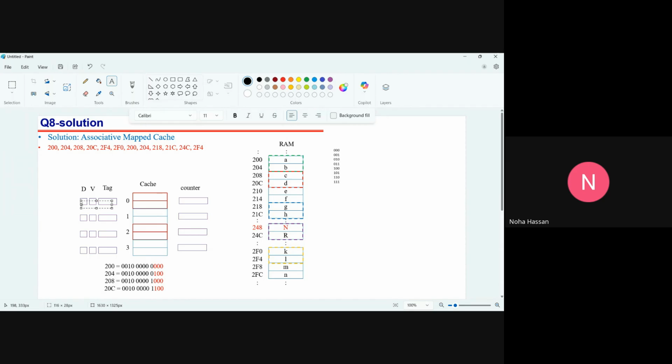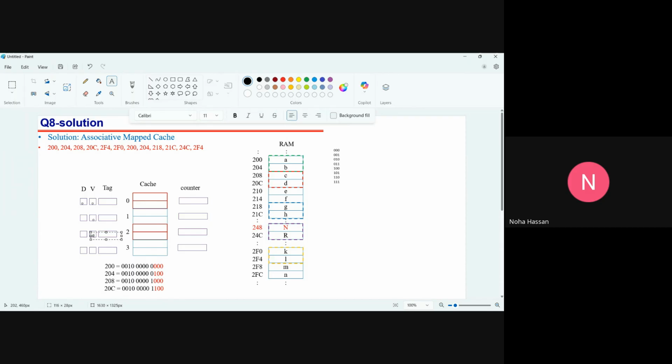Initially this one is 0, and also initially the valid bit is 0. Initially, no addresses are valid, so everything is 0 in the initial state.